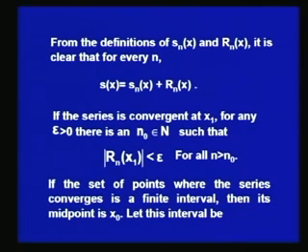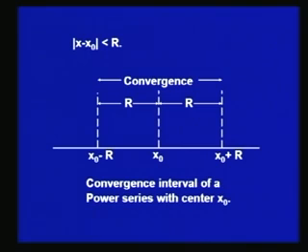If the set of points where the series converges is a finite interval, then its midpoint is x naught. Let this interval be mod of x minus x naught less than r. In this picture we have shown this convergence interval of a power series with center at the point x naught. The interval is x naught minus r to x naught plus r, where the series converges.